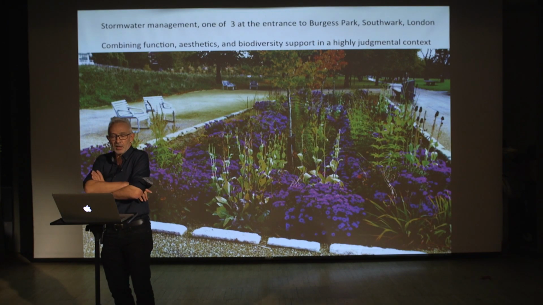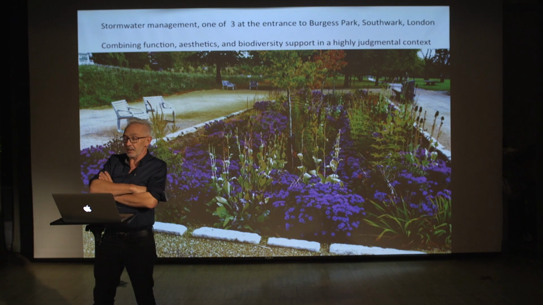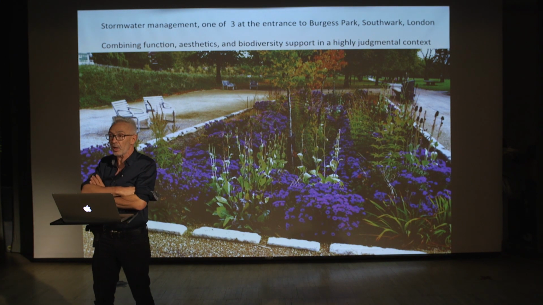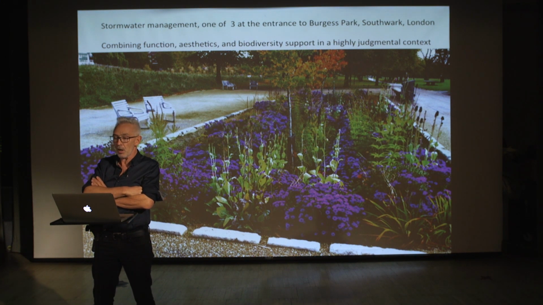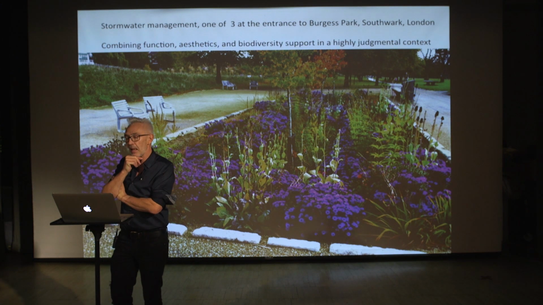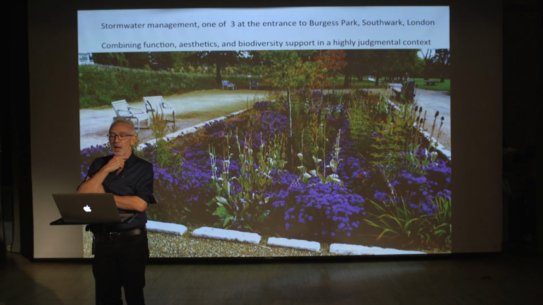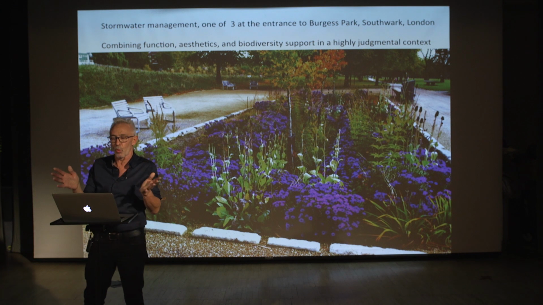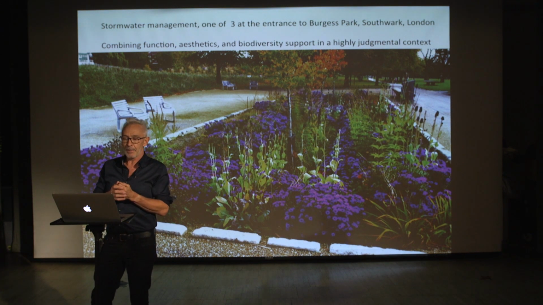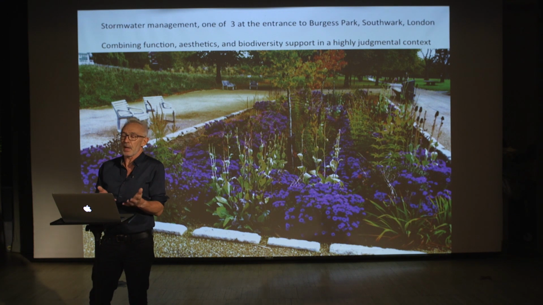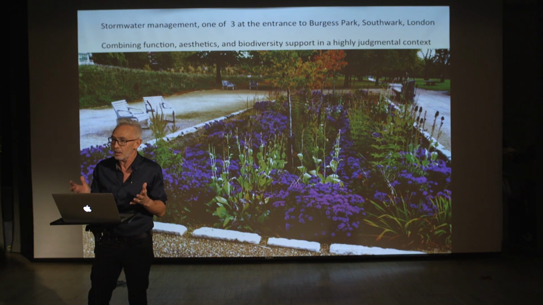So here's an example of these ideas in some of my work. This is a stormwater drainage system in a London park, and there are three of these things in line in the entrance to a major new park restoration, and they take all the water off the hard surface. What we're trying to do with this is combine aesthetics, function, and biodiversity in a very judgmental political context.